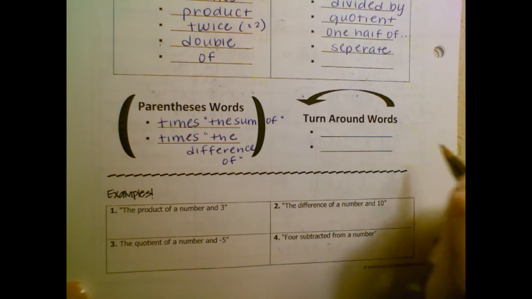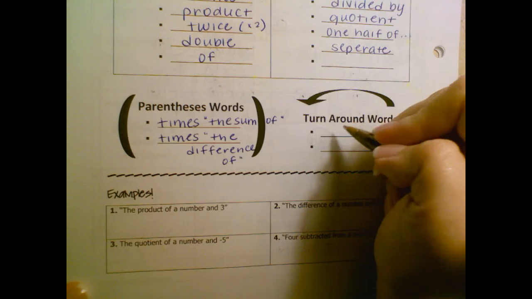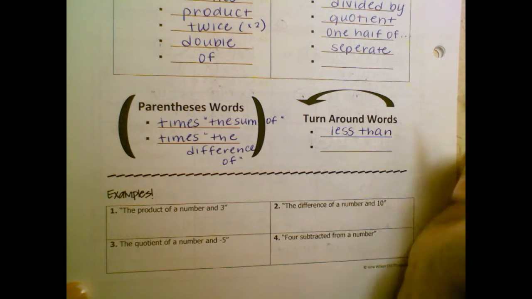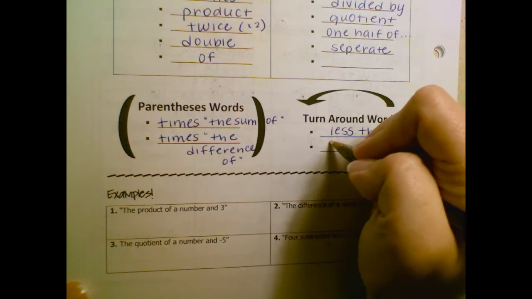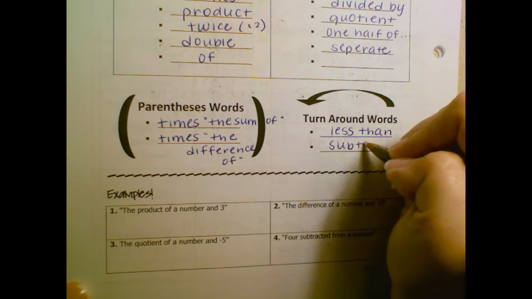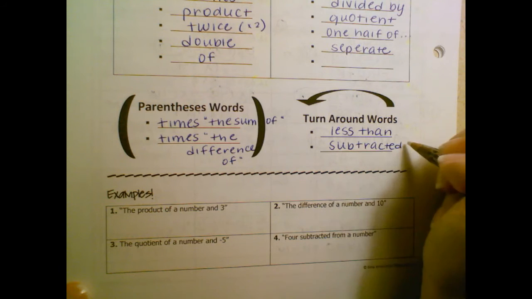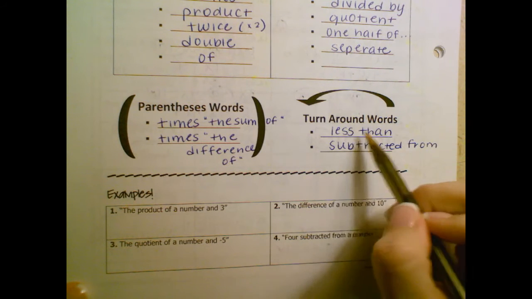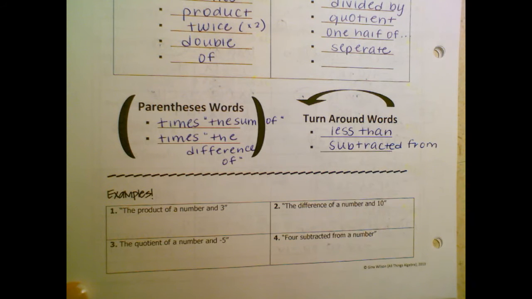So when we use these terms, less than and subtracted from, we want to actually turn the words around, and we'll do examples like that.